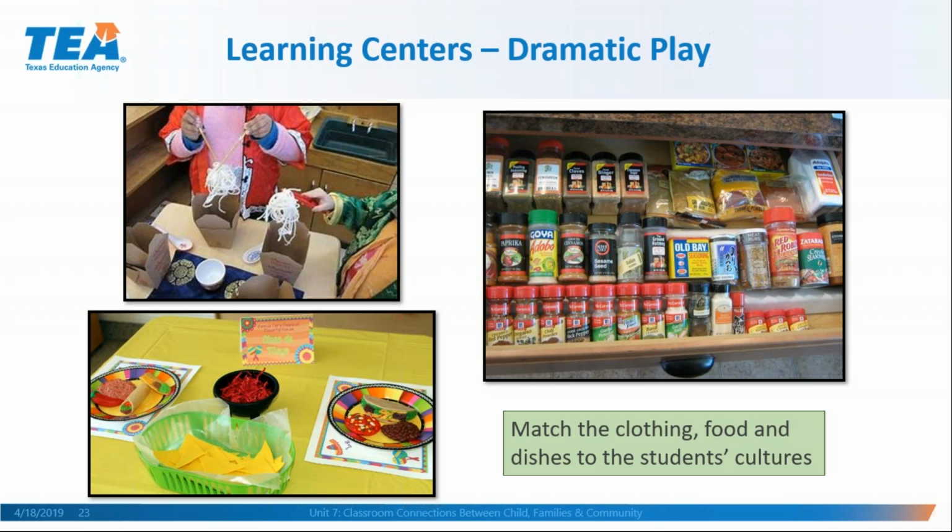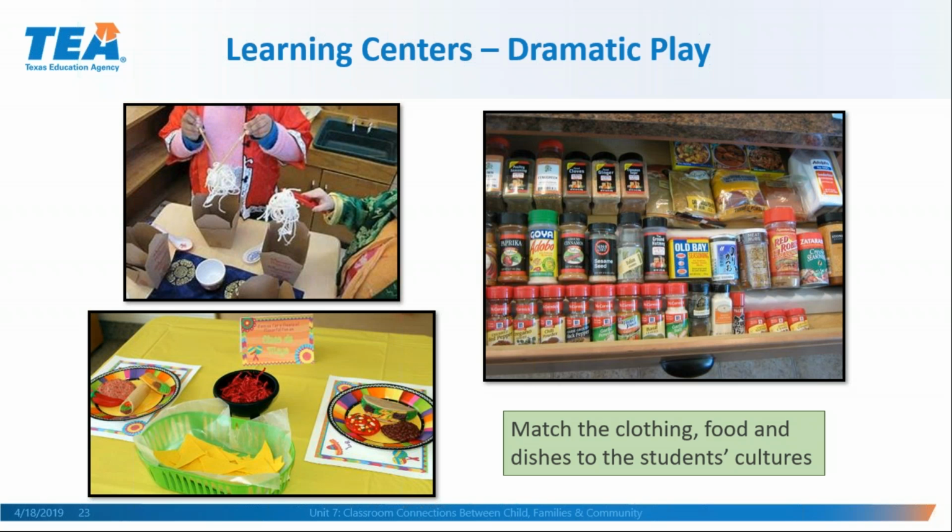And could you get an empty bottle of it and have that in your dramatic play area? Again, it is a way to connect the family to the child, to the classroom. Or let's say you have an HEB down the street.